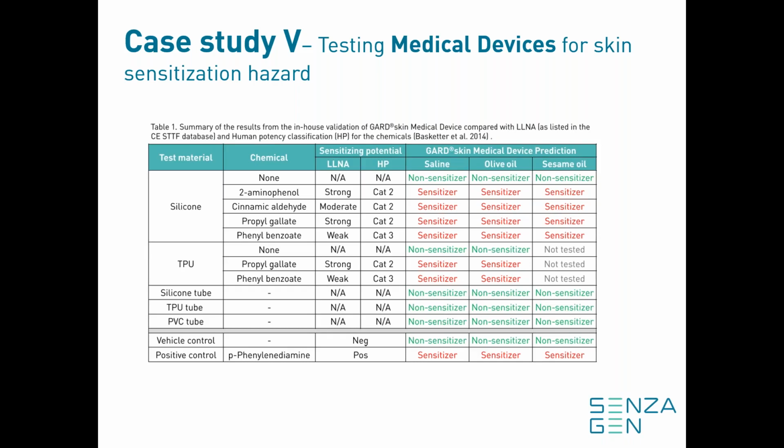As you can see, the pure material itself without any spike was classified correctly as non-sensitizer, and all the spiked samples were also correctly classified as sensitizers in both the saline and the different oil mixtures, which demonstrates that this works really well.